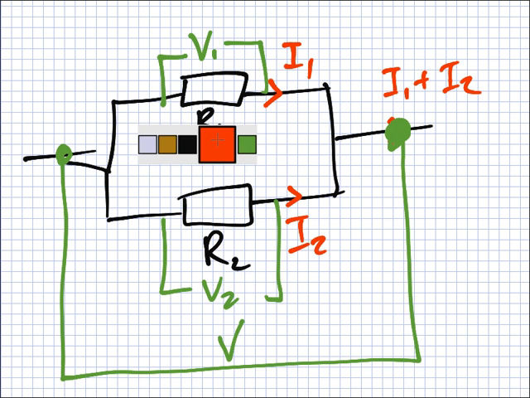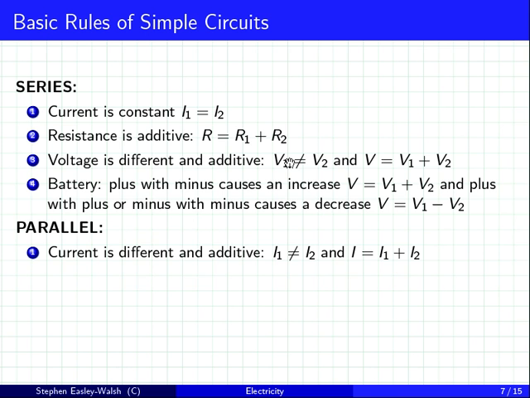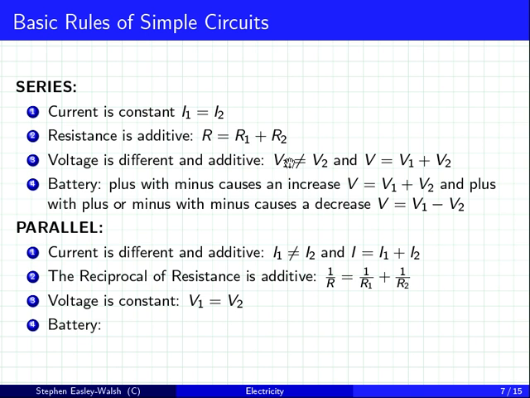I skipped the resistance, sorry. Before I do the voltage, does anyone know how the resistance combines? I think some of you do. It's 1 over R equals 1 over R1 plus 1 over R2. So resistance obeys this formula and voltage, it's the same. If they're in parallel, the voltage must be the same.